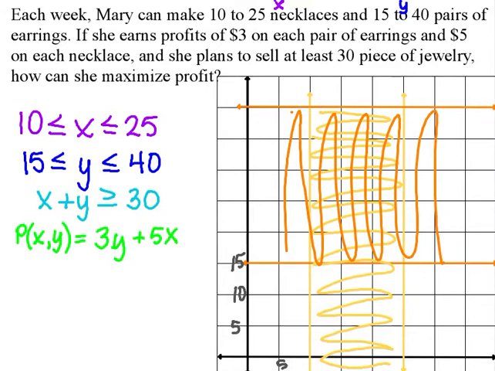Okay, so x plus y greater than or equal to 30. What's your y-intercept going to be? 30, good. 15, 20, 25, 30. And then what kind of slope? -1. So this is the thing. With the -1 slope, since each of them are by 5s, if I go down 5 and over 5, that's a -1.